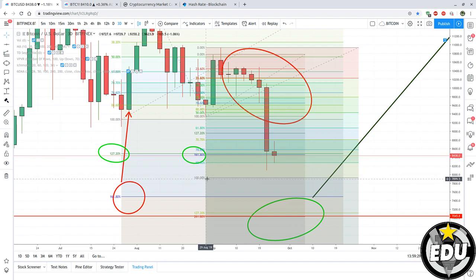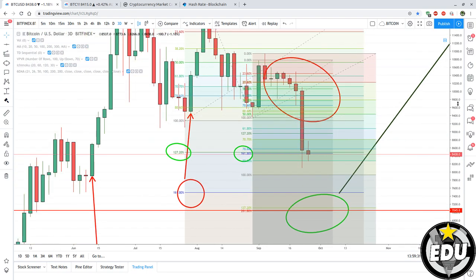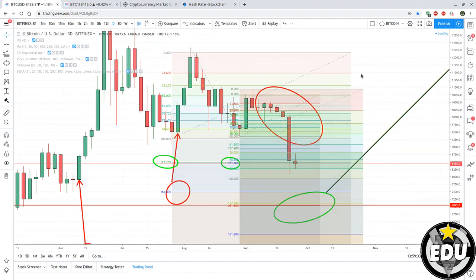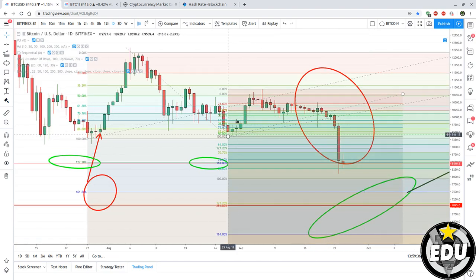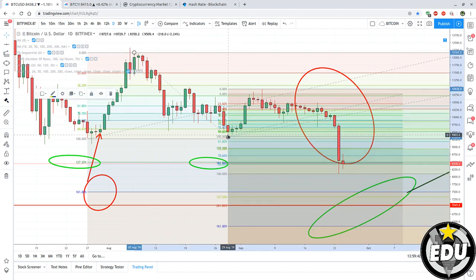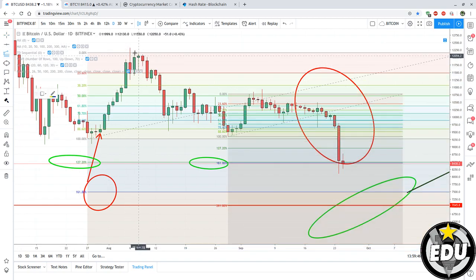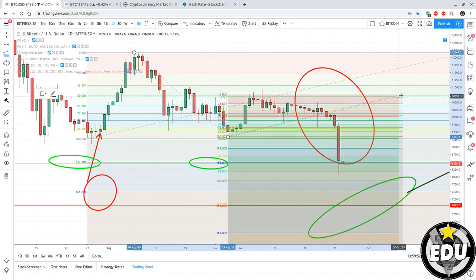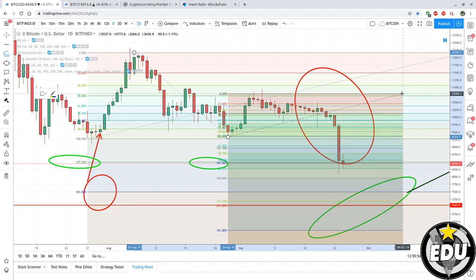The 127 is a little bit below. Oh, let's check. Skip the wick. Let me trace it better from, no, same thing.